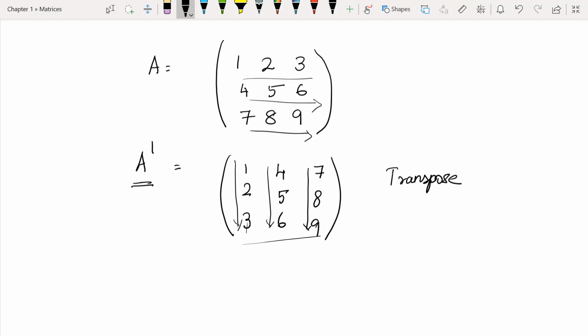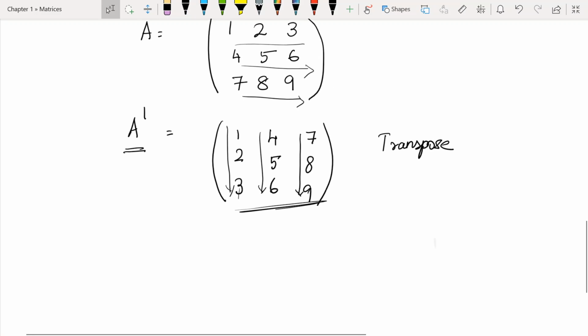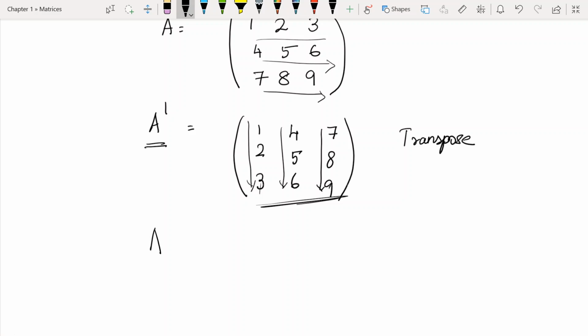Now, when I do the transpose, if A transpose is equal to A, then A is called a symmetric matrix. I have not given you an example of symmetric, I have just shown you what transpose is.